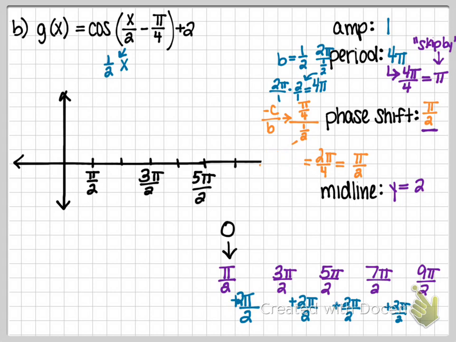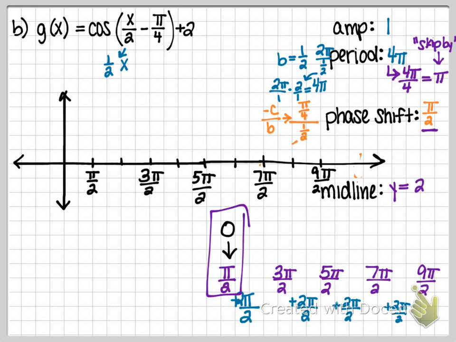Hope you had that written down. Here's 7 pi over 2. Here's 9 pi over 2. Usually when we start at 0, we still have the midline and stuff. I'm sorry, guys. My midline is going to be here at 2. I like to put a dotted line through here. You don't have to.